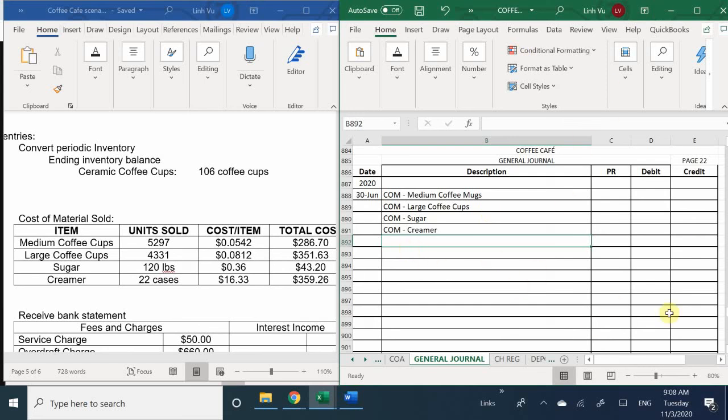Then I am going to credit my medium coffee cups. And I'm going to also credit my large coffee cups. Okay, so very similar to cost of goods sold, right? Same concept. Now we're adjusting our actual business supplies.